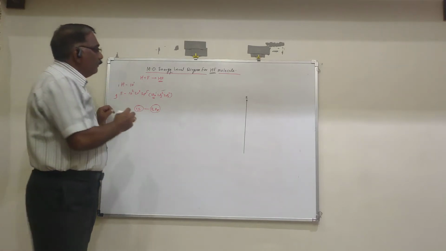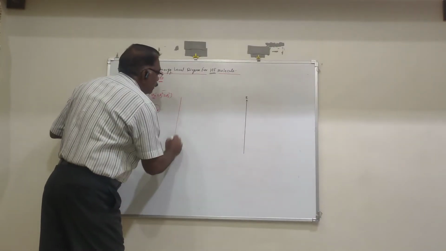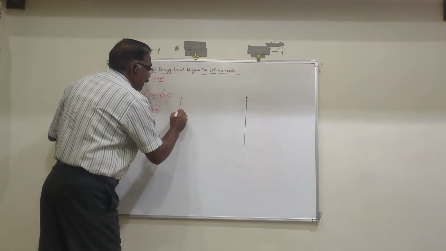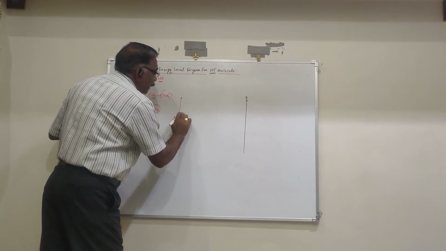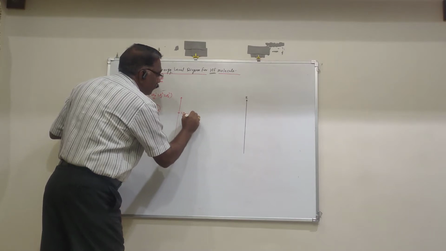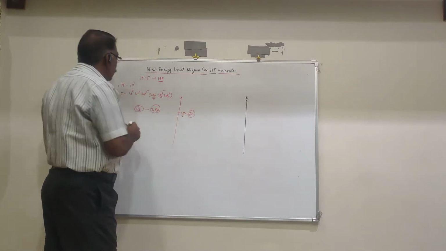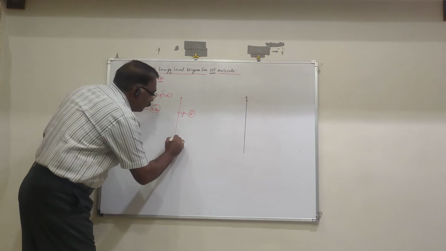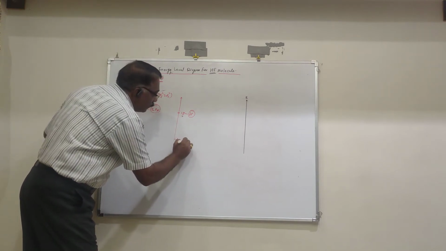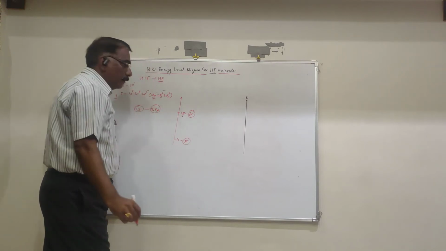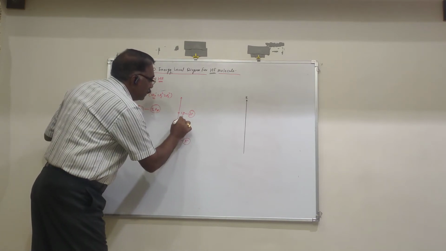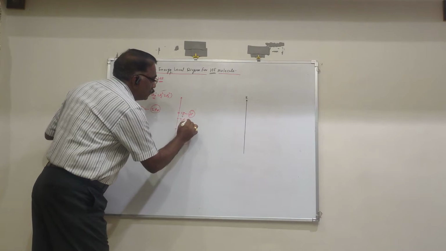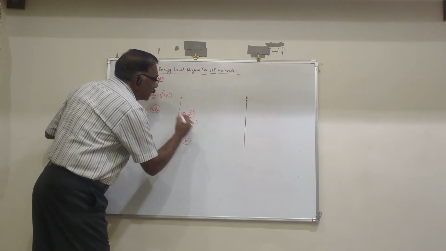On the energy axis, here is the 1s orbital of the hydrogen atom, and here is the 1s orbital of the fluorine. Then here is the 2s orbital and here the 2p orbital, which includes the 2px orbital.